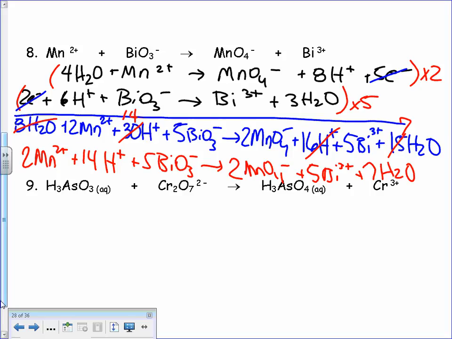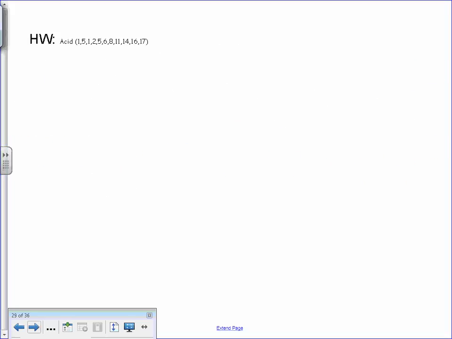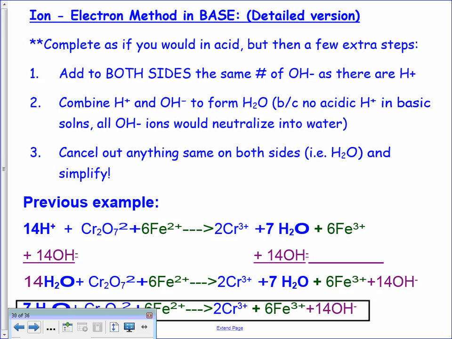So right now, we're going to practice. I'll tell you of those what I want you to do. This is the base, the detailed version. See what I just said. Read it though. Write down what you need to. And then I will walk through a separate example, not from our previous example. Bases actually are just a small addition to what we just did. It's not much extra at all.